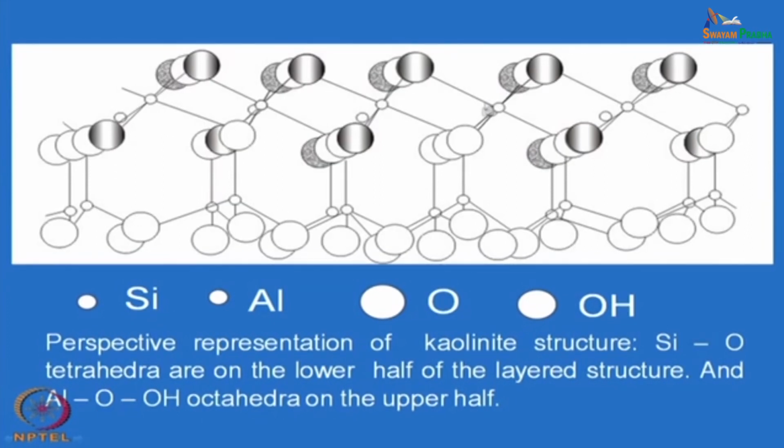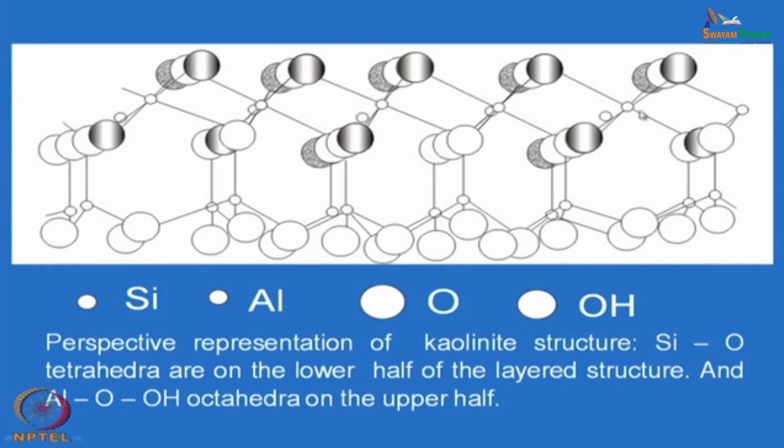These ions, although they have not been differentiated between silicon and aluminum, are all aluminum ions. Okay. This layer is actually an aluminum hydroxide layer. So, these are hydroxyl ions and these white ones are oxygen ions. So, in this particular layer, there is both oxygen and hydroxyl.